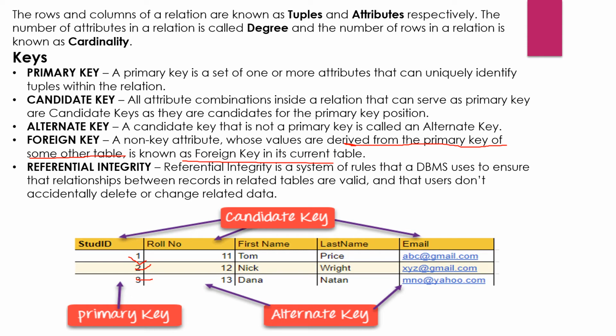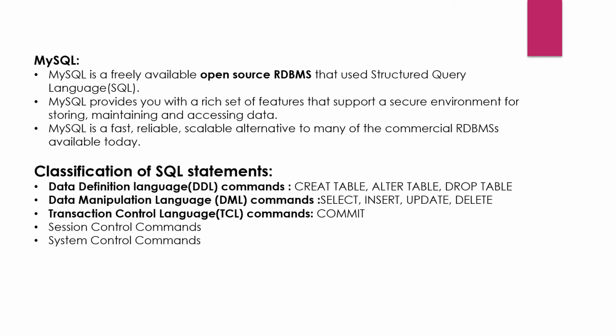If valid, then it gives protection, or you can say it secures the data so that you cannot delete or change the related data. Referential integrity is one of the greatest features of a database management system.